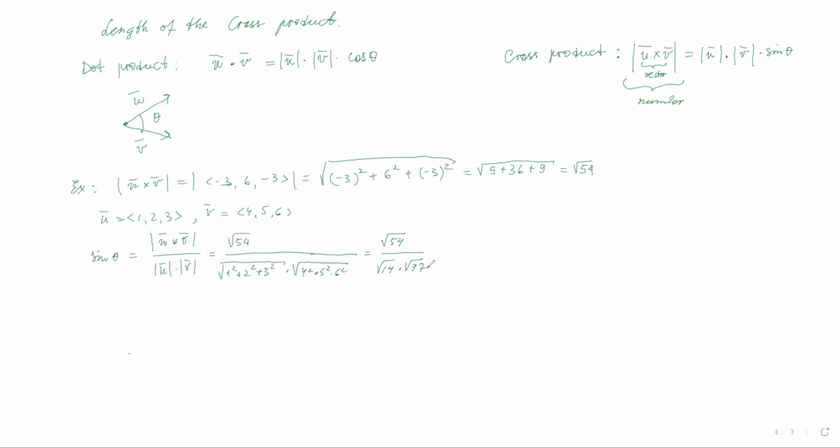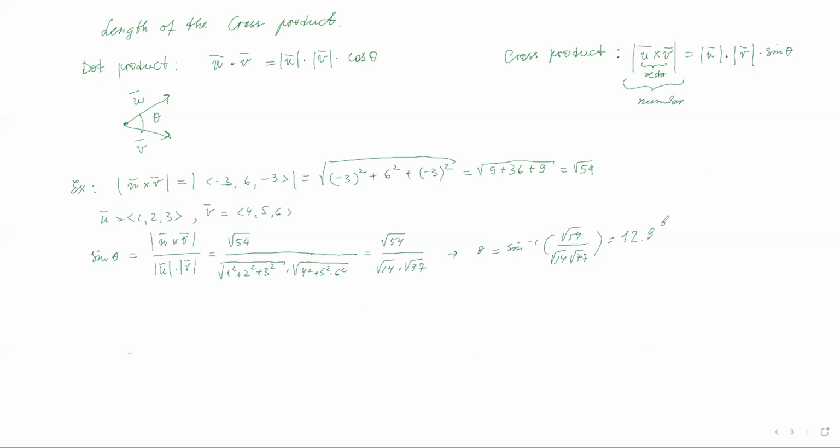So I can find the angle between two vectors u and v in a different way, by using the cross product instead of the dot product. I can say that theta equals sine inverse of the square root of 54 over the square root of 14 times 77. I put this number in the calculator, take sine inverse, and it equals 12.9 degrees.